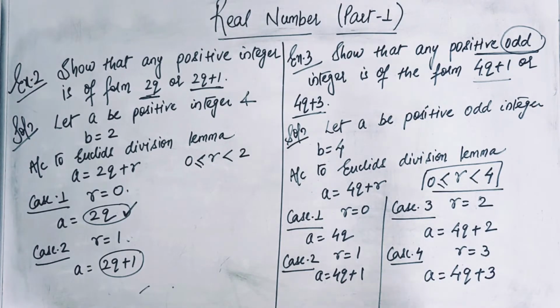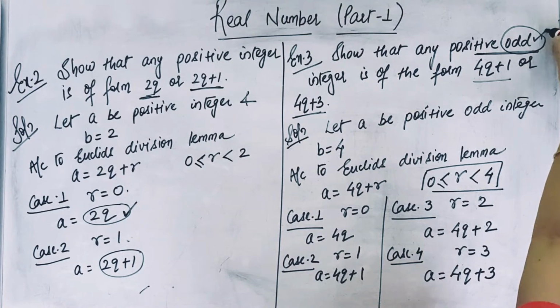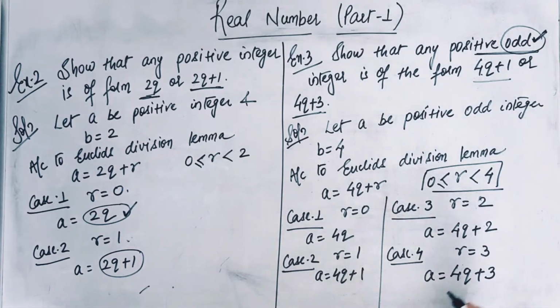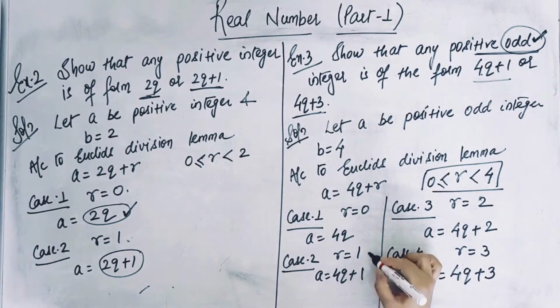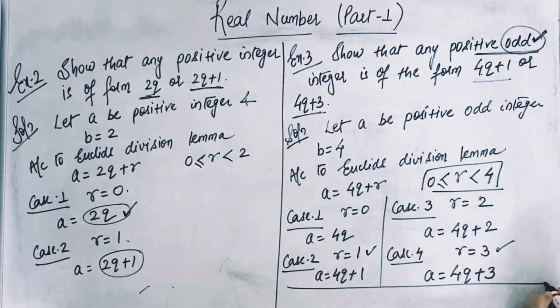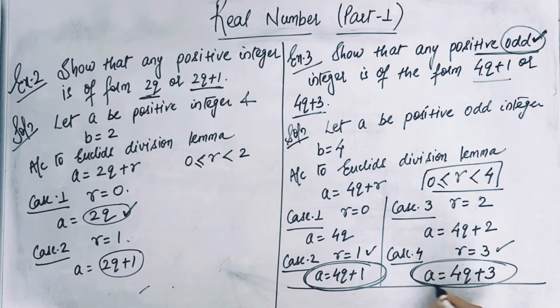Now since in the question they mentioned that we have to take odd integers, odd is 1 and 3. So we'll write here that any positive odd integer can be expressed in the form of 4q plus 1 and 4q plus 3.